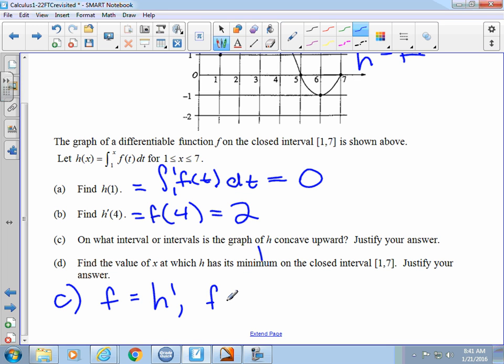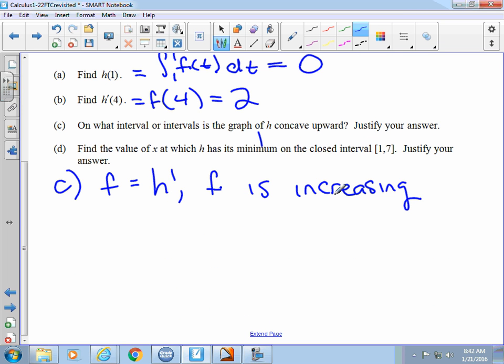I'm going to say F is increasing. Now, what's another way I could say that and be completely and absolutely right? I could say F prime is positive, right? So I'm going to say F is increasing, or you could say H prime. You've labeled that you know that's the exact same thing, so it doesn't matter which word you use there.